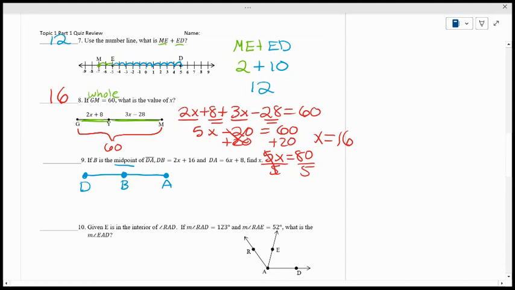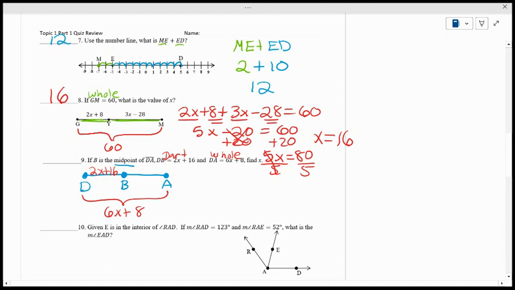So what information do they give me about this picture? DB is 2x plus 16. So that's a part. DA, from D to A, that's 6x plus 8. That's the whole. Find x.